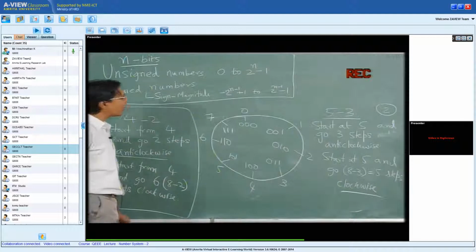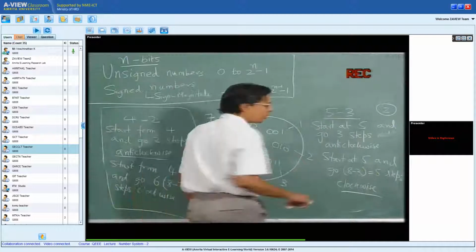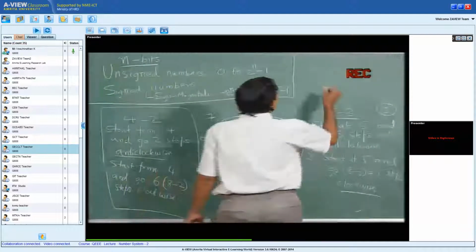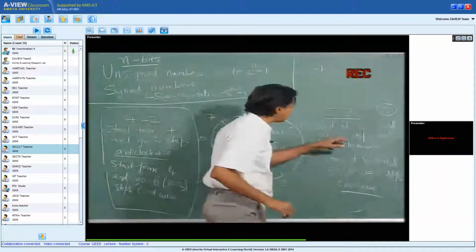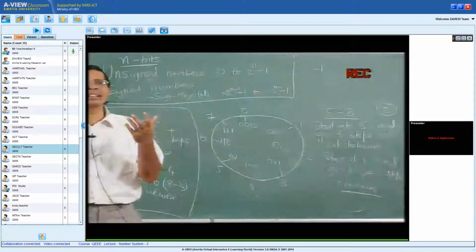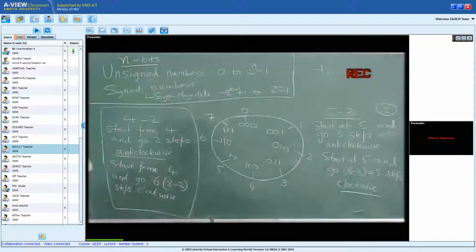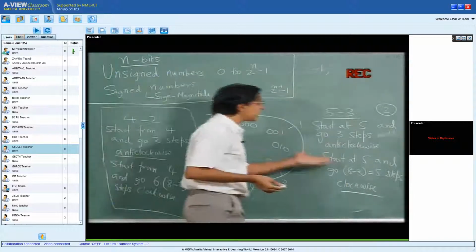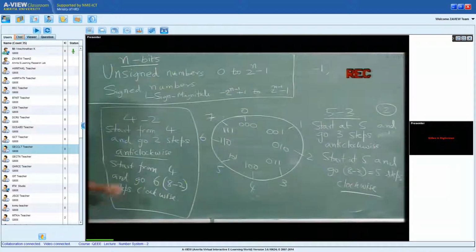So in essence, what we have done now, if I have minus 3, if I could model it as 5, then 8 minus 3 can be handled as that 8 plus that 5. If minus 2 could be modeled as 6, then I can handle 4 minus 2 as addition.